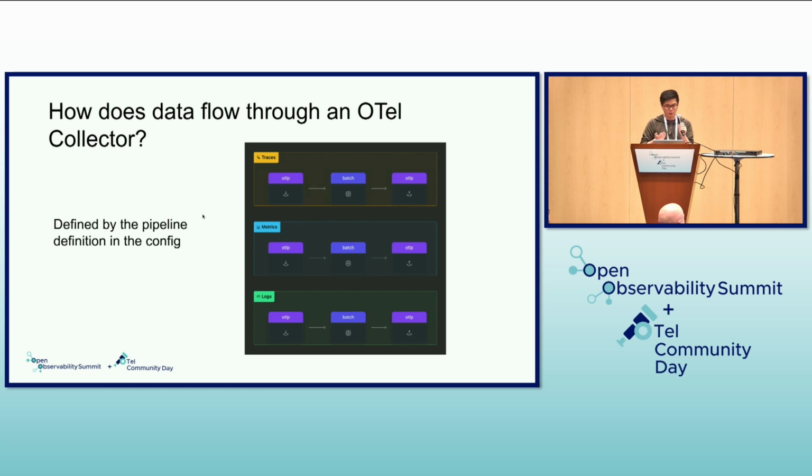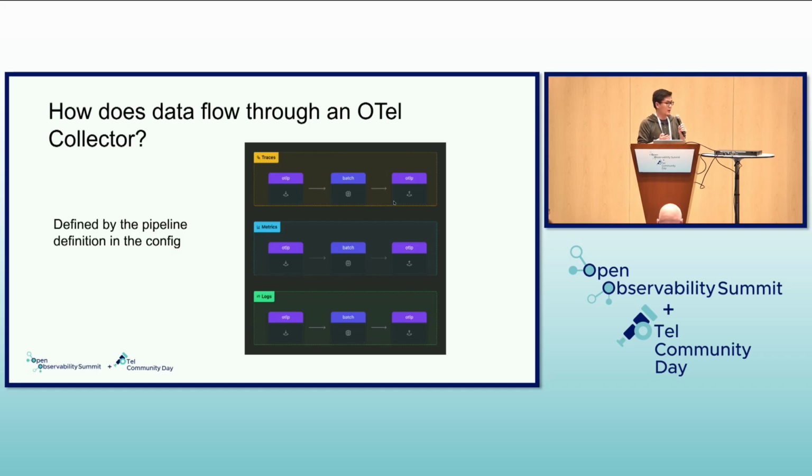One very useful tool I find is OTelBin.io, which can visualize your pipeline in very simple flow graphs. So here I have a very simple 3 pipelines, for traces, metrics and logs, which only consist of the receiver, processor, and exporter.